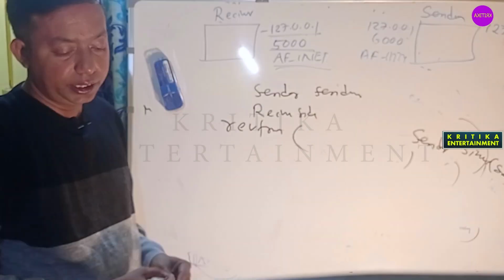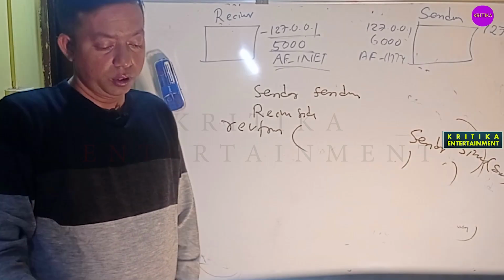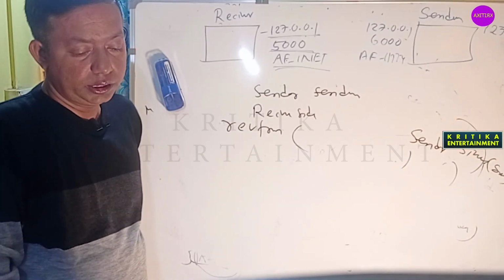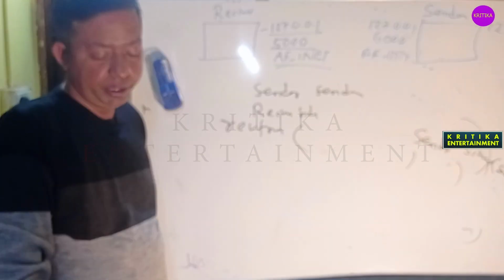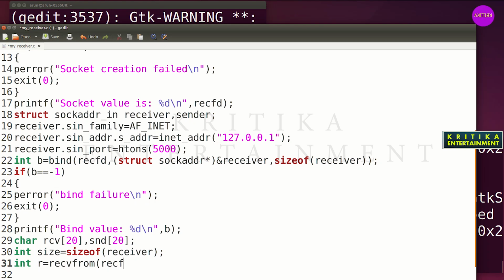So here I am writing, you just check it. You will declare the FD, you will write the receive FD. Then you write the message it will receive, then you write the size of RCB.